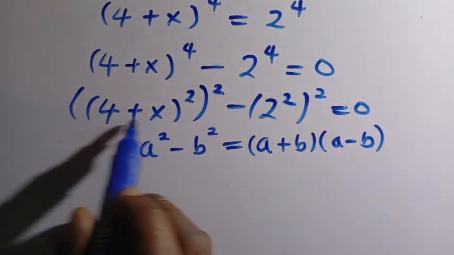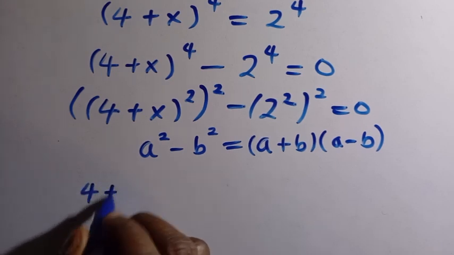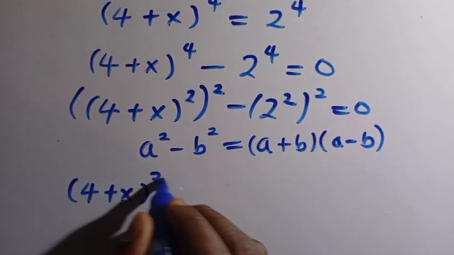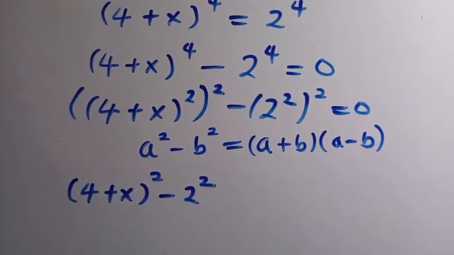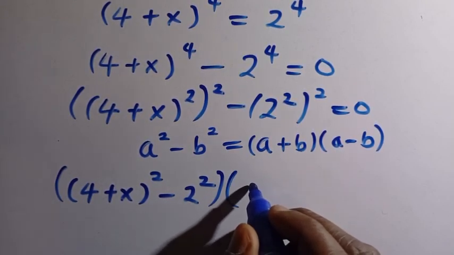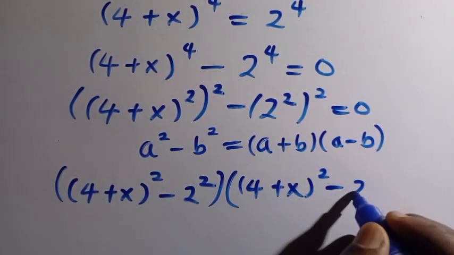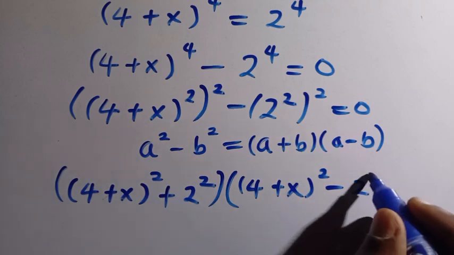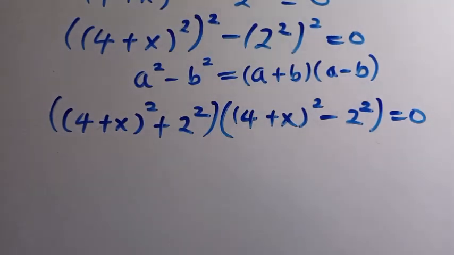So if our a is (4 + x)^2 and our b is 2^2, by plugging it in, we have ((4 + x)^2 - 2^2), and all these in brackets, then multiply by ((4 + x)^2 + 2^2), everything equals 0. So we have two cases to treat, so let's solve this one first.